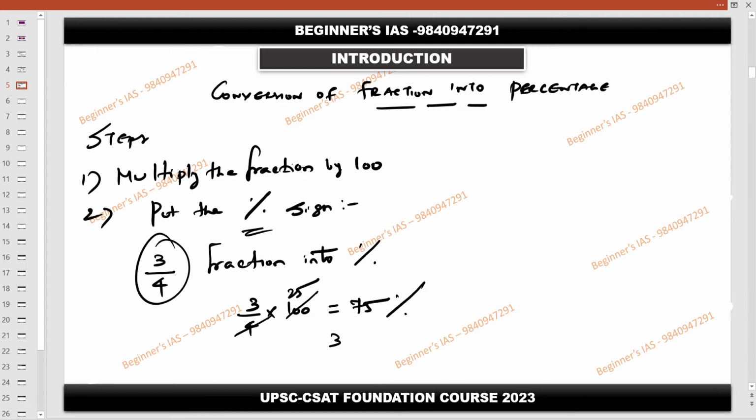So 3 by 4 is equal to 75 percentage. Understanding? Yes, sir. Fine. So whatever be the number, this is the basic idea. If they are asking you to find the percentage, then simply multiply the given number by 100, then finally put a percentage sign. Simple.